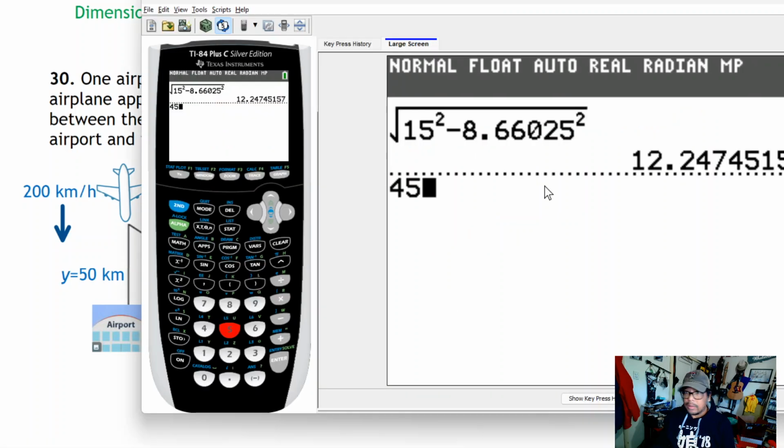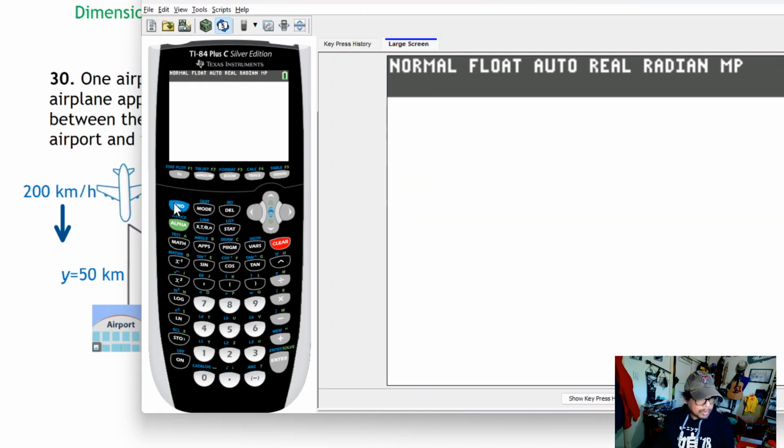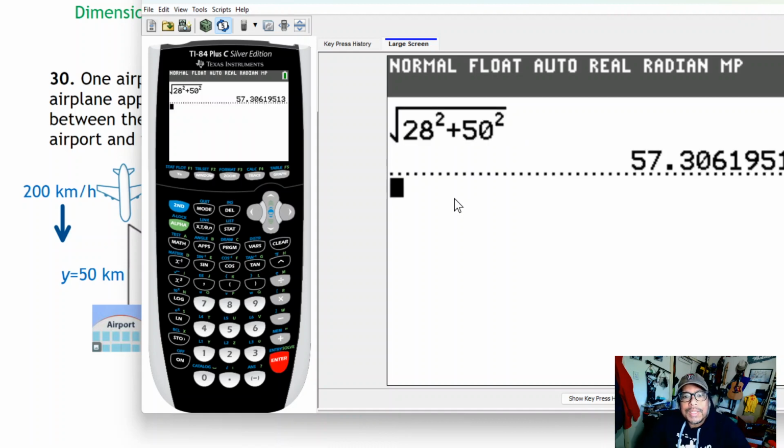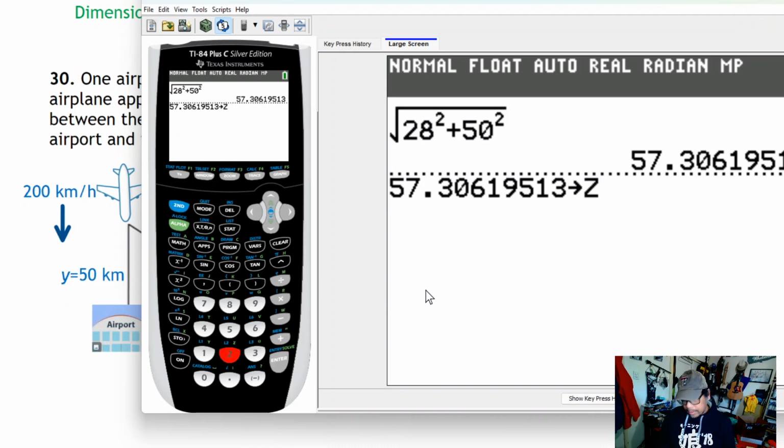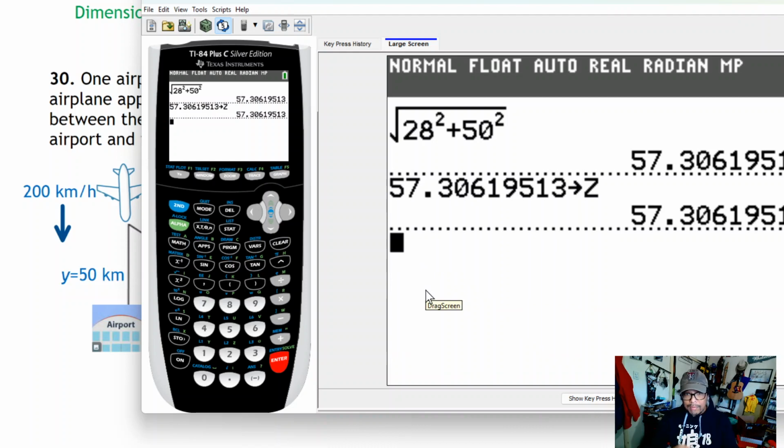And so we know that z is going to be equal to the square root of 28 squared plus 50 squared, which gives me 57.306. I'm going to take this result and store this in the calculator as z. I don't know if it's going to come in handy or not, but at least I'll have it there. So z is going to be defined on my calculator the same way it's defined on my paper.